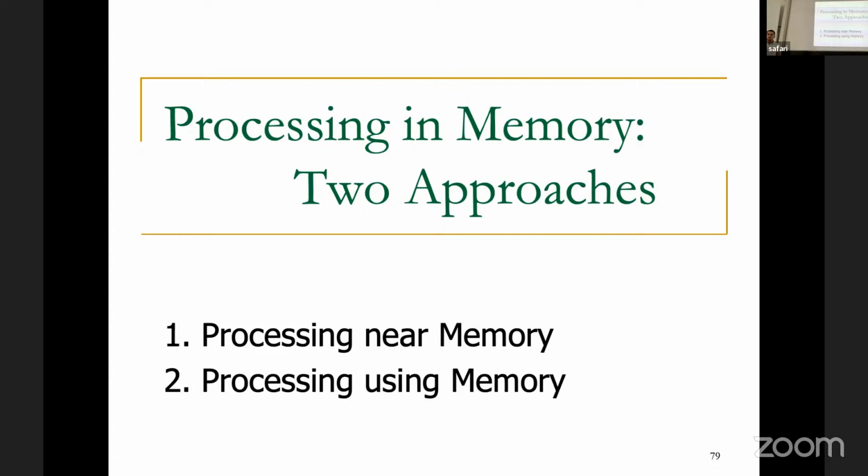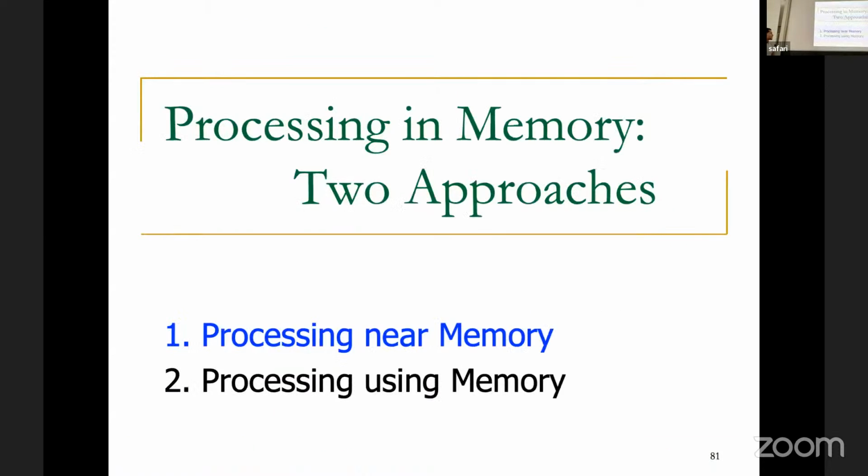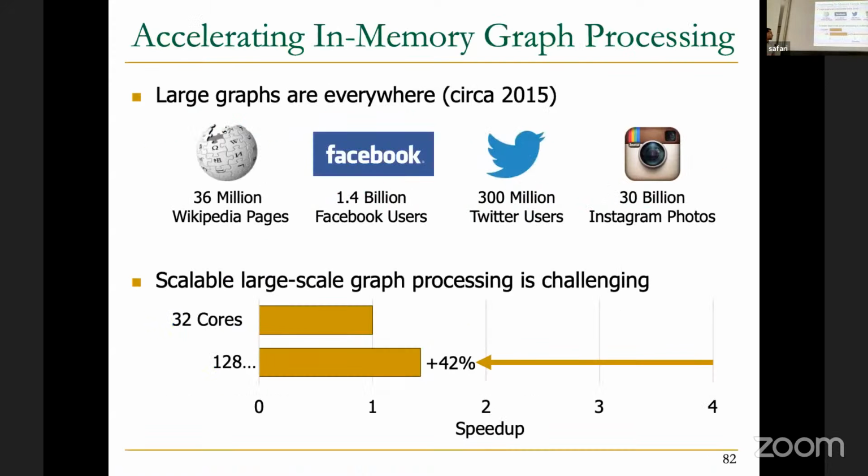Again, we are calling these memory-centric architectures processing in-memory architectures, and we are going to see two different ways of implementing them. The first one is what we call processing near memory, and the second one is what we call processing using memory. We are going to start with the near one.